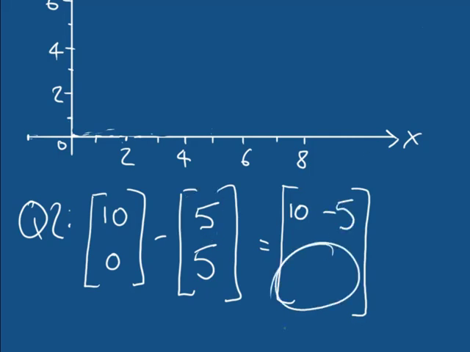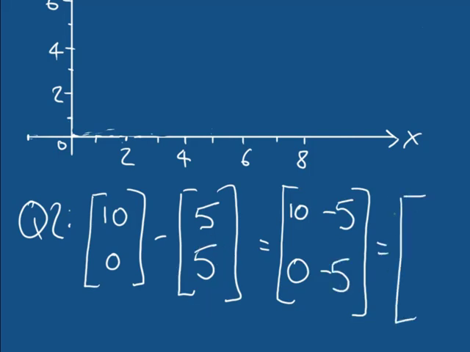For the second component of our result, we take the second component of our first vector, and we subtract from that the second component of our second vector, which is going to give us, for the first component, 10 minus 5 is 5. For the second component, 0 minus 5 is a negative 5. Fantastic. So we can now look at this in terms of a graphical representation.